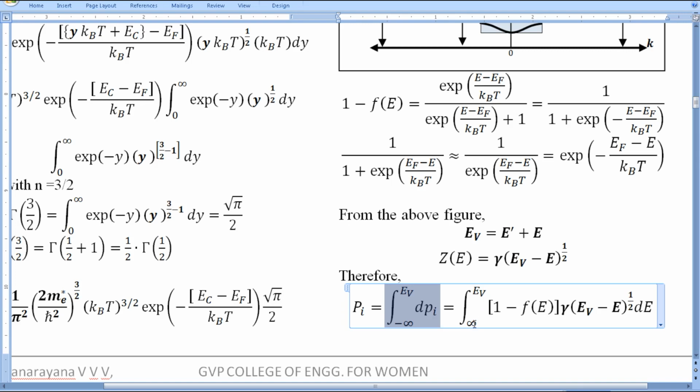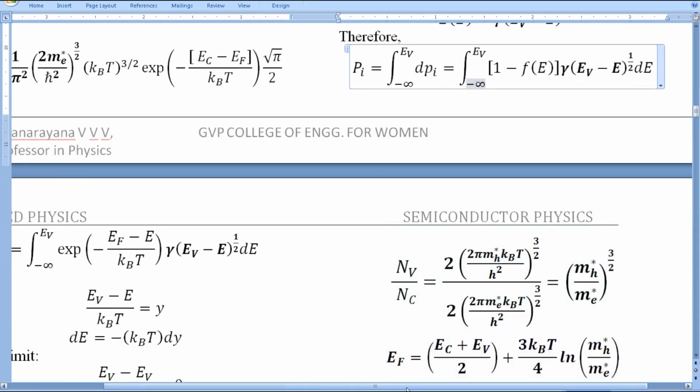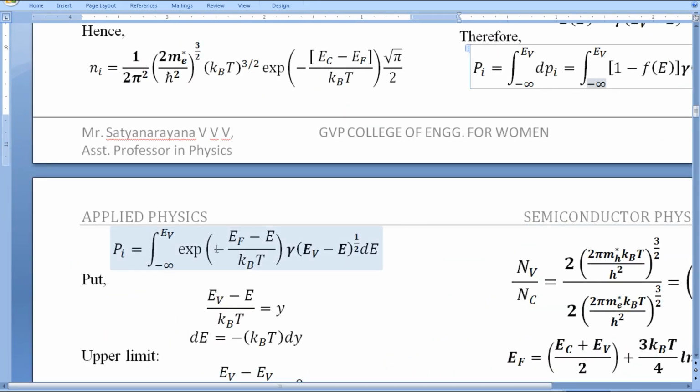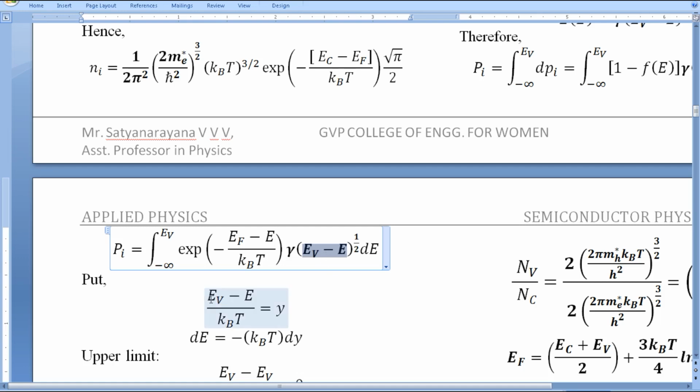Now, if you integrate this, of course, there is a negative sign. I forgot to mention here, it's minus infinity, sorry. So this is minus infinity, 1 minus f of e, and when you substitute it here, we will get p equal to e power this into gamma EV minus E power 1 by 2 dE. As in the electron case, we took E minus EC by kBT, now it is EV minus E by kBT. So we take this divided by kBT as some constant y, a change of variable for this integral.